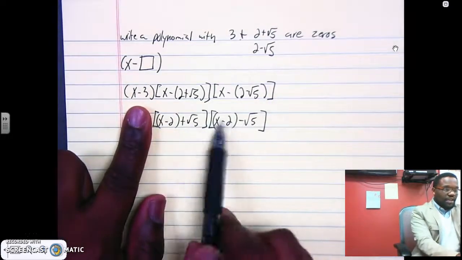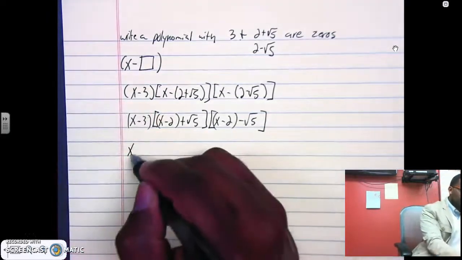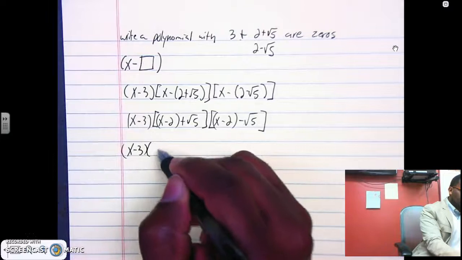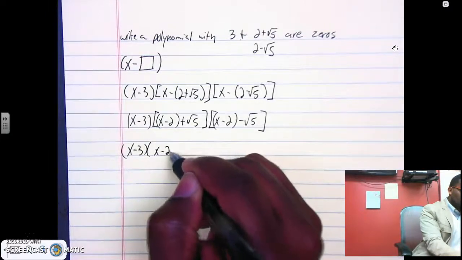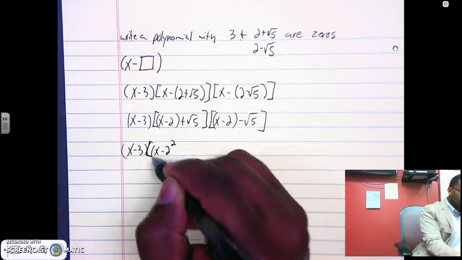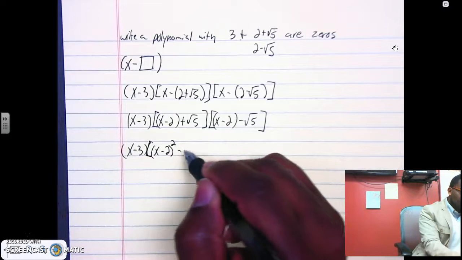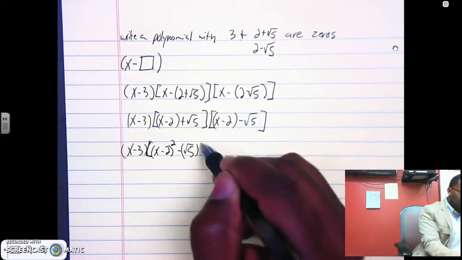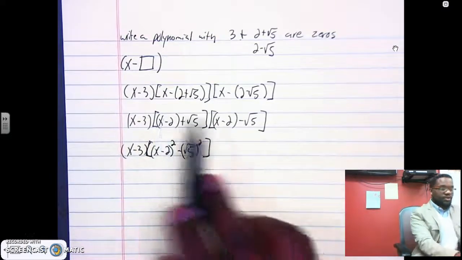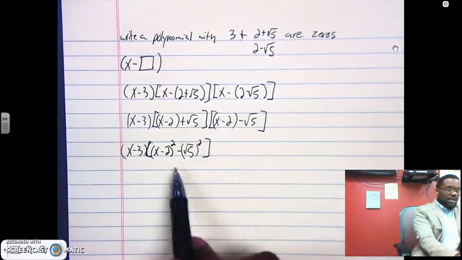The first two I can multiply together, and the last two, because I know the middle two terms will subtract out. So let's do that. I'll get x minus 2 squared, if I use brackets here and parentheses, and then I will get minus the square root of 5 squared. So square those two, it's minus because those two multiply and become a negative.